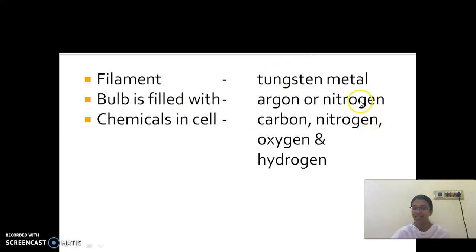Chemicals in the cell: I told you the cells are made up of chemicals. Those chemicals can be carbon or nitrogen, oxygen or hydrogen. So these are the chemicals filled in the cell, and the gas filled inside the bulb, and the filament is made up of tungsten metal.